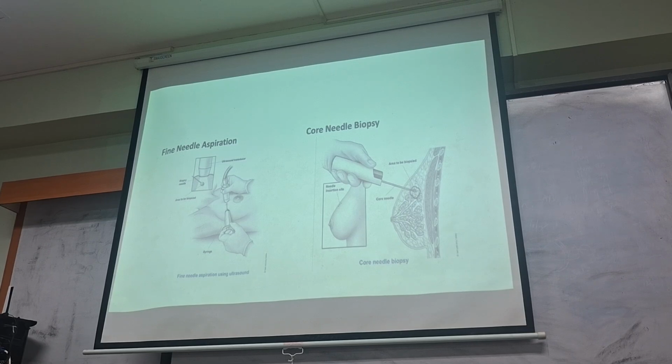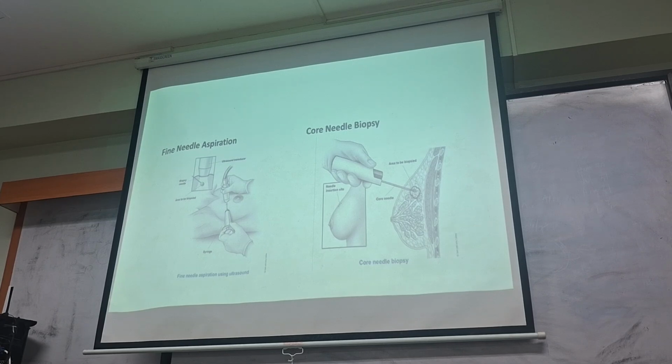So you only need to check if there is the presence of malignant cells or not. Because if you see that there are malignant cells, then that's already evidence of recurrence. Or even if there's no lesion here on the chest wall, but an axillary lesion, then you can do a fine needle aspiration.